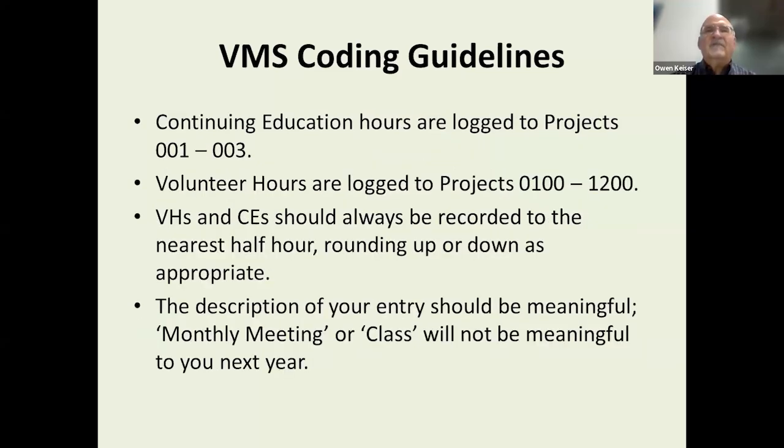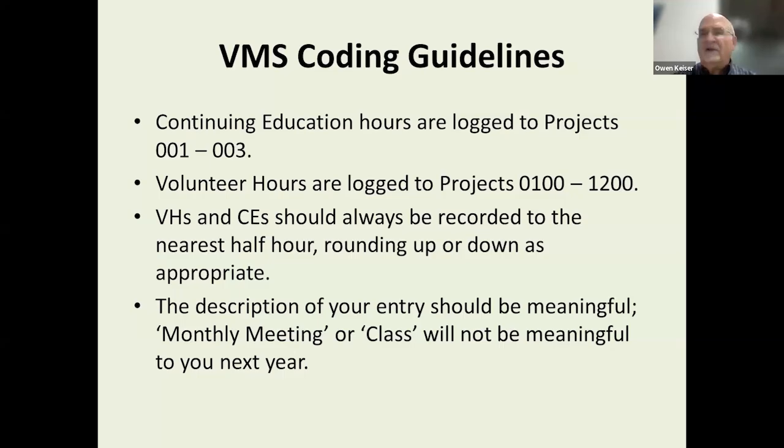Furthermore, continuing education hours are logged to project. I've sent Lynn this presentation, so you will have a copy of these slides. So that hopefully will be helpful to you. Continuing education is 001 to 003, and those are always 4 CEs.